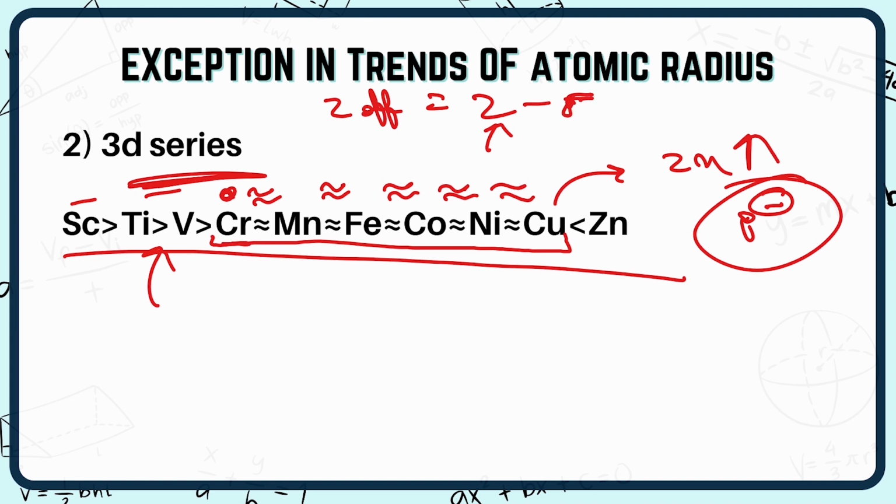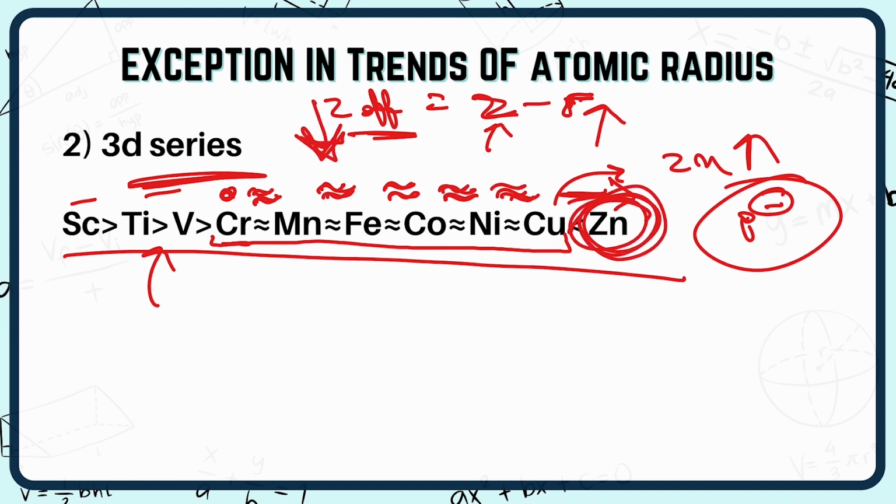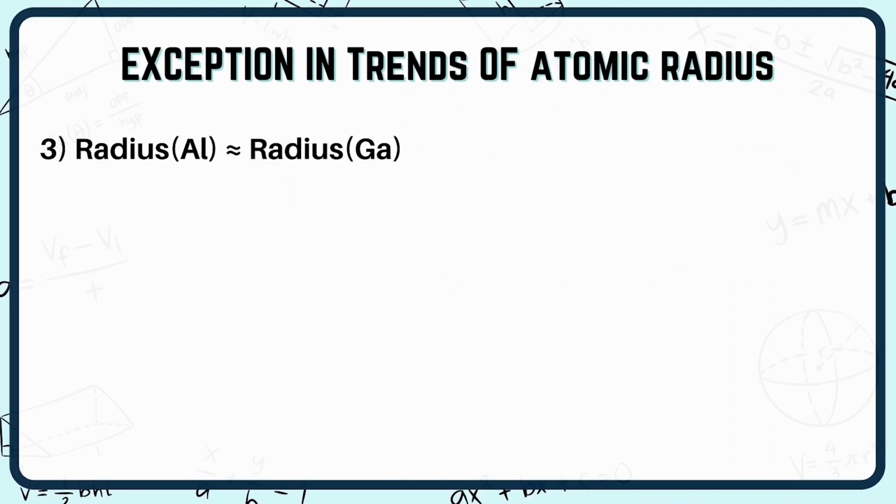The outer electrons get so many that sigma starts to dominate Z, and the Z effective becomes equalized, which leads to equal atomic radius. And after this, sigma becomes so large that Z effective starts to decrease, which led to an increase in the size of zinc. Got it? So remember this. This is very important.